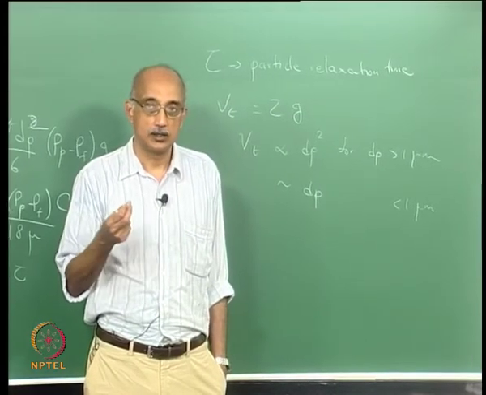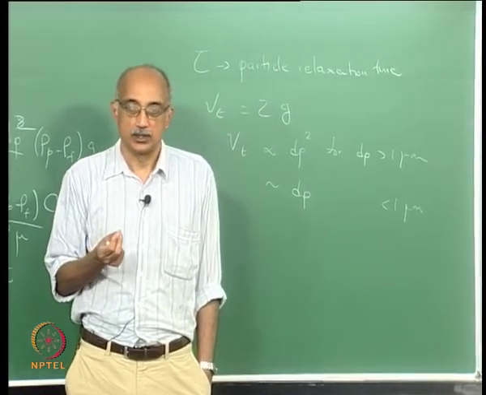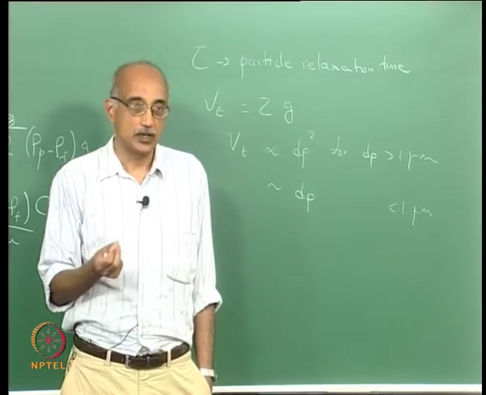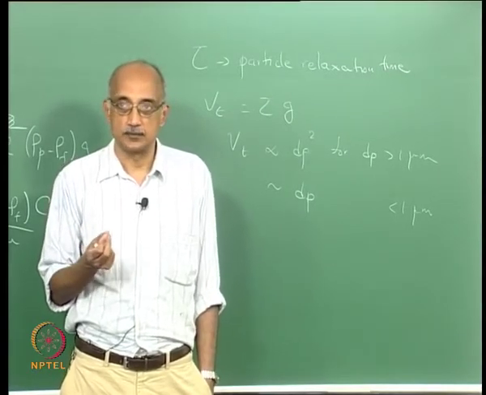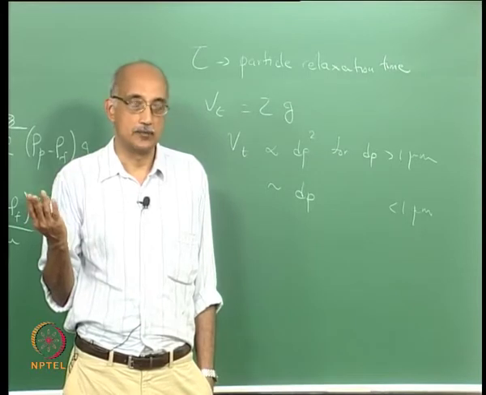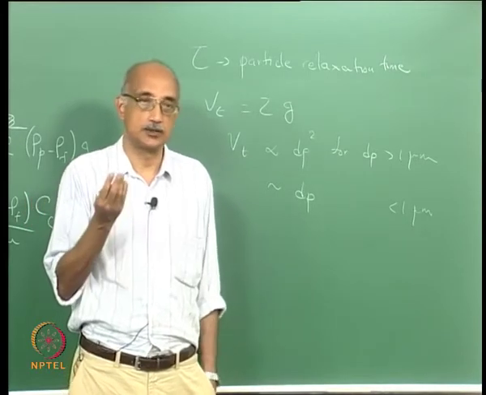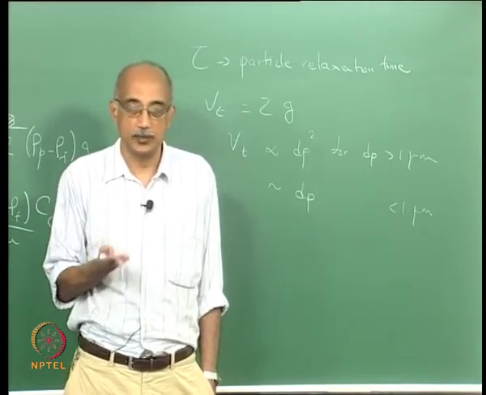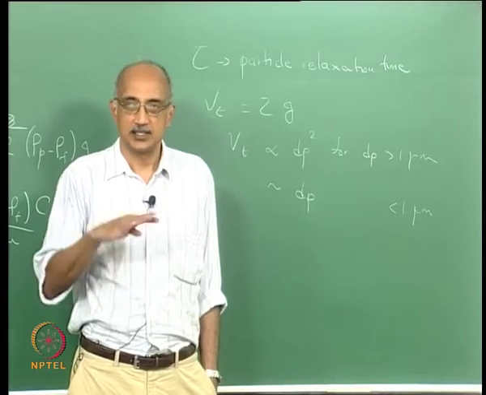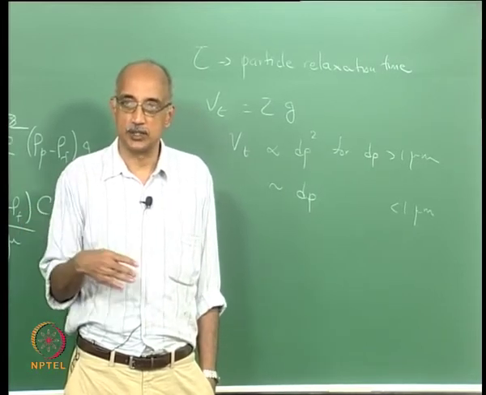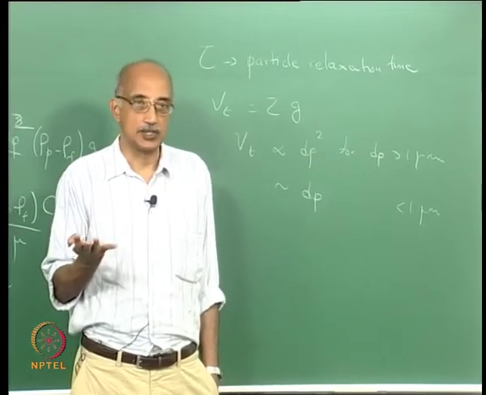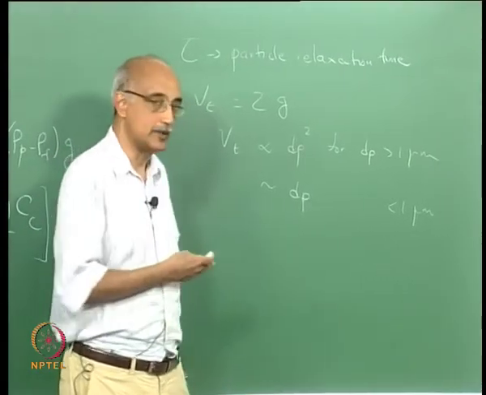So, for nano sized particles, in principle, the settling velocity is independent of particle size. It is just like molecules, right? Do molecules settle? Does the settling time for molecules depend on their size? No, because they are just moving around randomly. So, there is no size dependence per se, and that is exactly what happens.